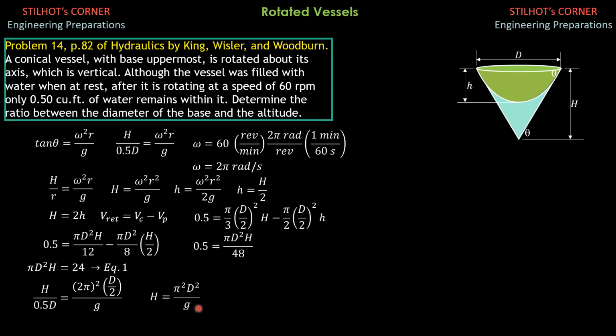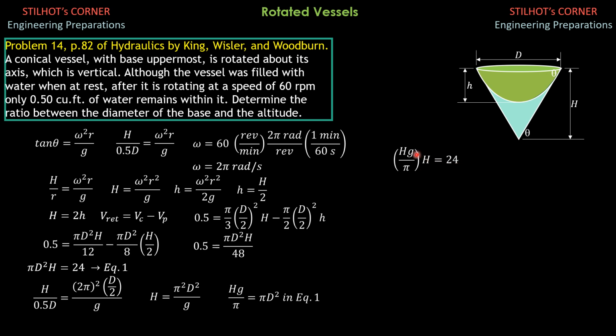Then we cross multiply. Let's break pi squared into pi and pi so that Hg over pi equals pi D squared. Then we substitute the value of pi D squared in equation 1, which is equal to Hg over pi. So we have Hg over pi times big H equals 24.